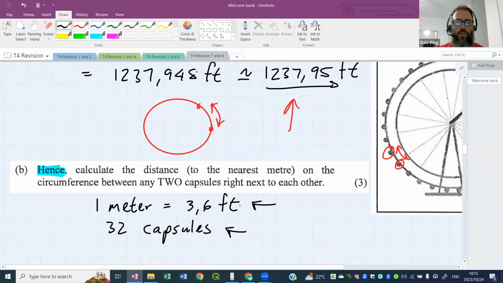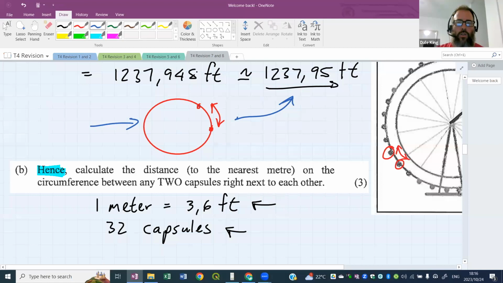What is the distance between two capsules if there are 32 capsules on the circumference, and they want this distance in meters? Look at this red circle. The circumference is 1,237.95 feet, all the way around that red circle.